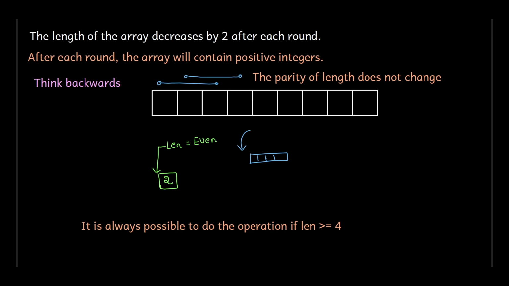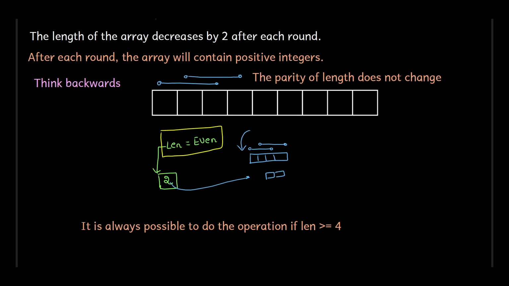As soon as you reach a length of 4, one of these windows would be valid, and you can compress it down to length 2, which is the theoretical minimum, because you cannot go from 2 to 0 since you need a triplet to do the operation. So the even length case is not very interesting, because you know that length 2 is always achievable for an even length array.